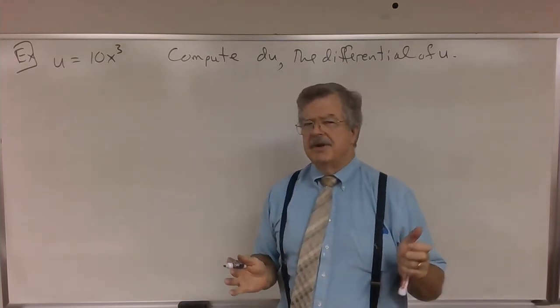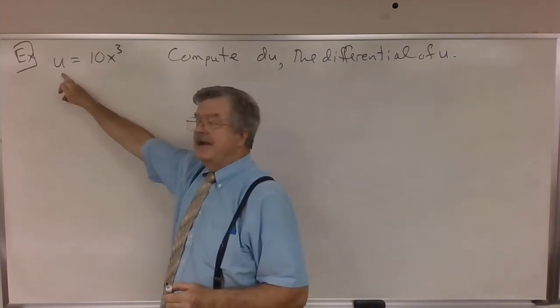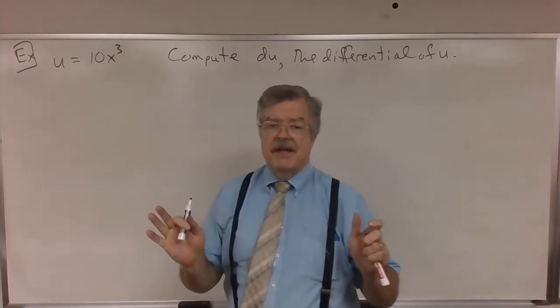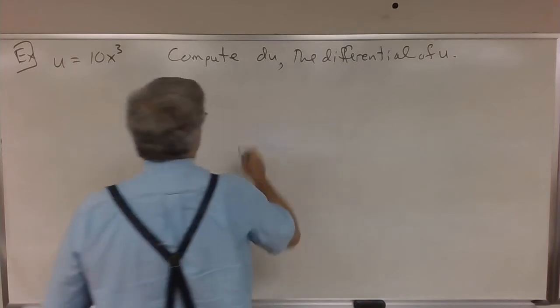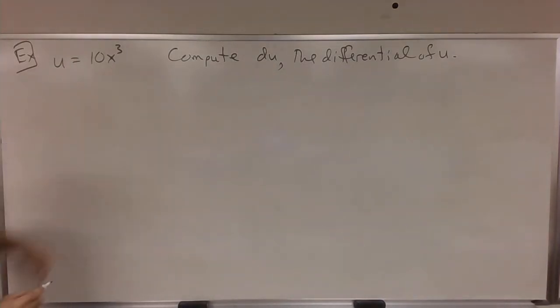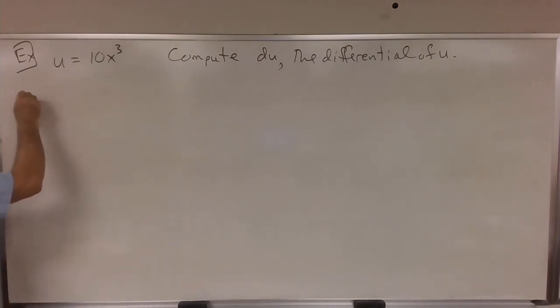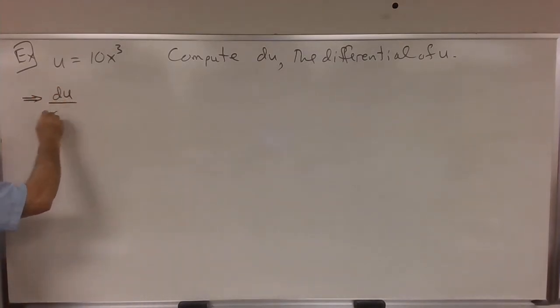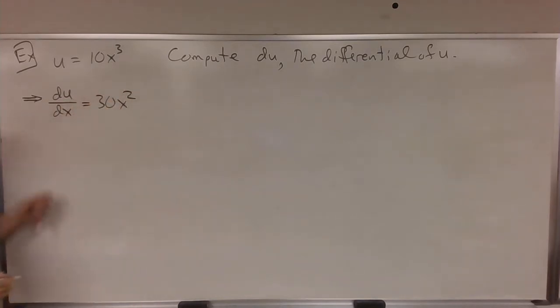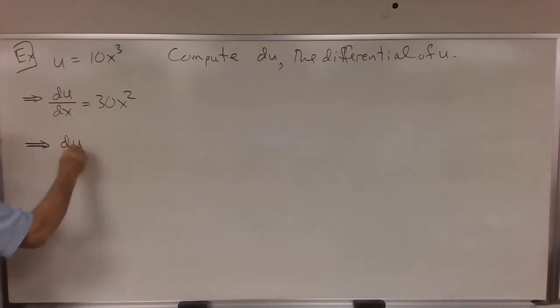Well, is anything really going to change here except the name of the variable? No. Everything else is going to be the same. We want du, so we compute the derivative of both sides with respect to x. And this gives us du dx. Since we want du, we multiply both sides by the differential dx.